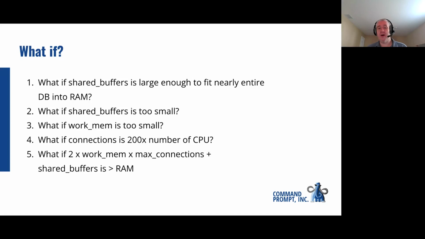So what if your 2 times work_mem times the number of connections plus shared buffers is greater than your available RAM? That whole equation all it means is, what if the memory that we allocated to Postgres is larger than the memory of the system? So shared buffers plus max connections times work_mem is larger than available RAM.